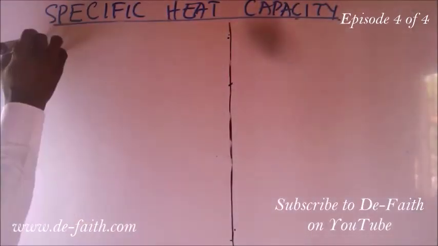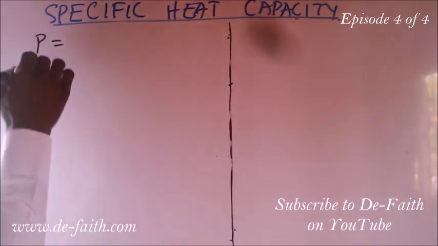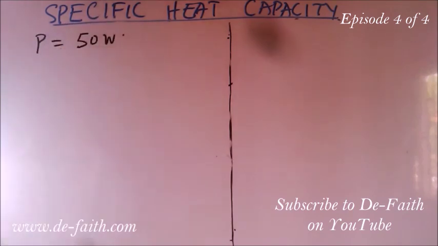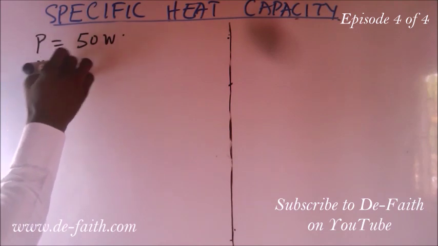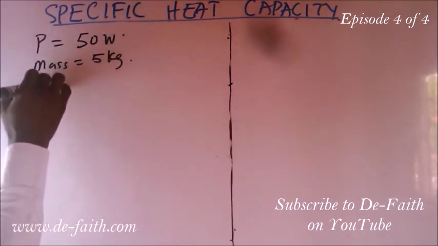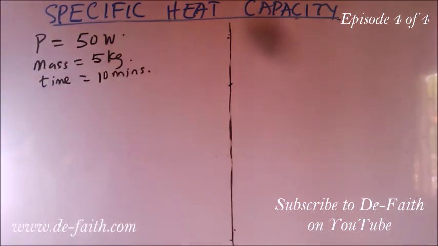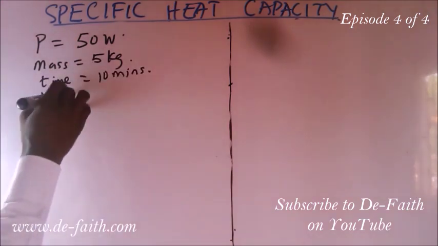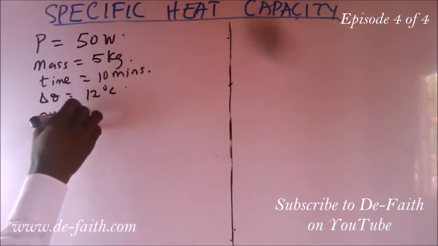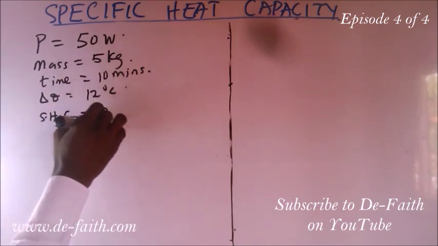Now in this question, the power supplied by the electric heater is 50 watts and it is used to heat a metal block of mass 5 kg, and that was carried out in 10 minutes. A temperature rise of 12 degrees Celsius. We are looking for the specific heat capacity of the metal.